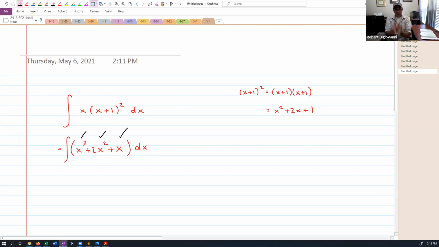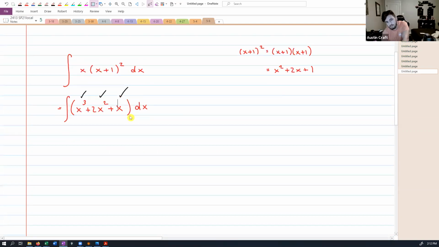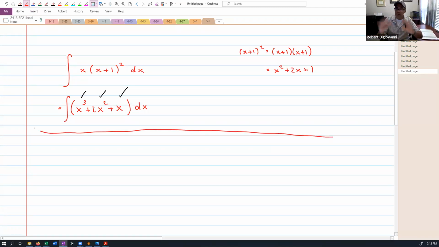I could do them individually because there's plus signs between them. Power rule, power rule, power rule. No issues? So no substitution there. That was just good old fashioned algebra with a little power rule.